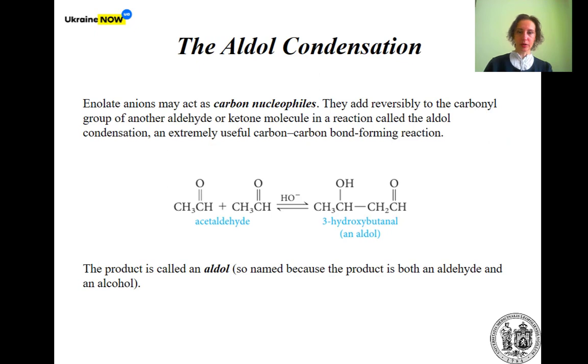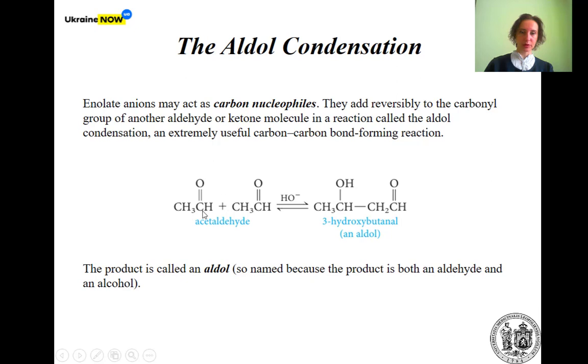One molecule reacts as a carbonyl compound with its carbonyl group, and the other reacts as a nucleophile. We obtain the product of aldol condensation called aldol, and these compounds are 3-hydroxy carbonyl compounds.